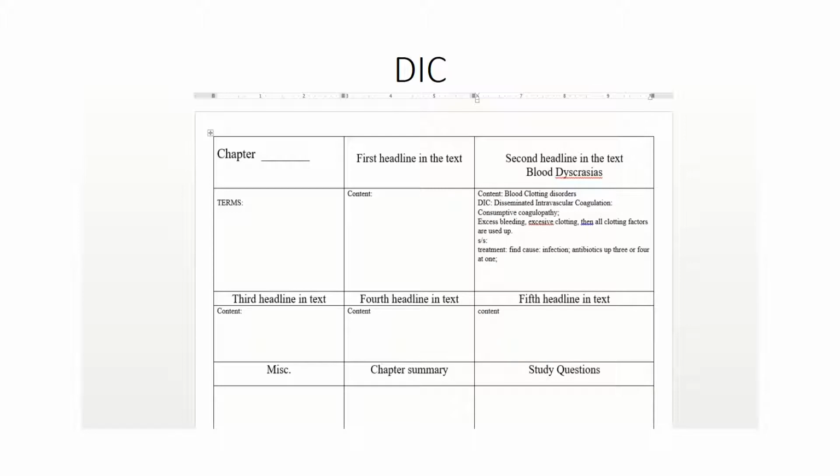And until you can fix the underlying problem, you're not going to correct this. So you have to find what's causing it. You're going to start treating that, and then it's just going to be supportive depending on whether you have more hemorrhagic or more thrombotic presentation.